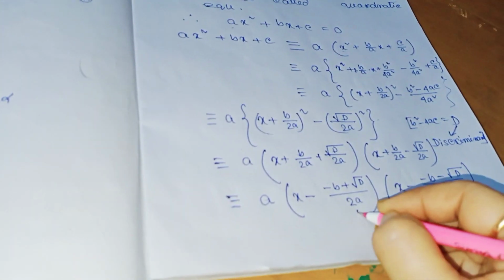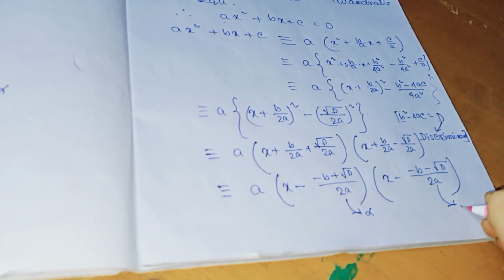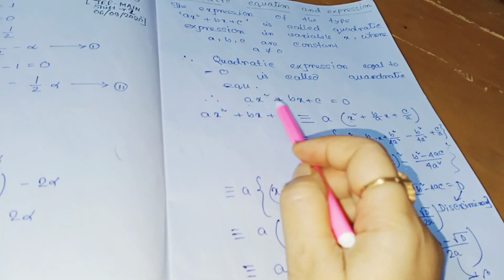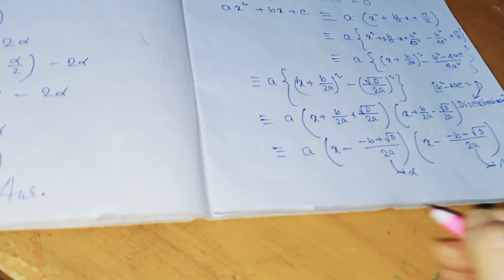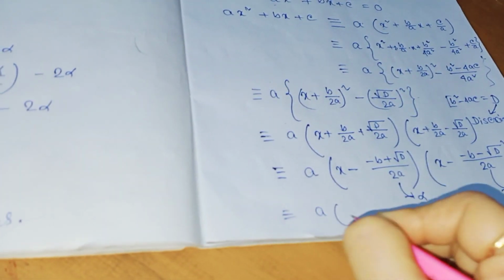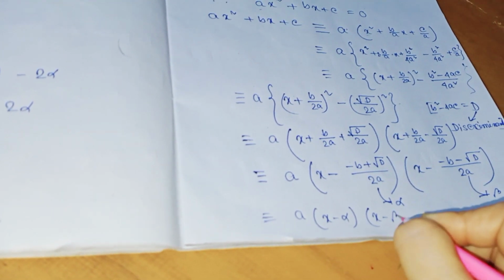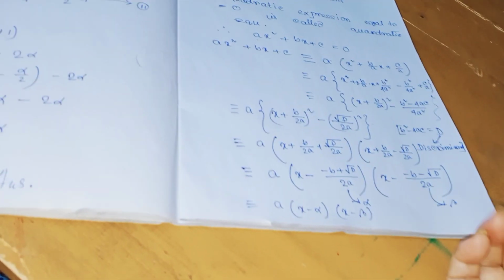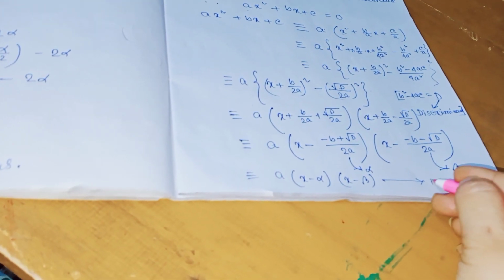So if we call this one alpha and this one beta, alpha and beta are the two roots of this quadratic equation. So here we get a into x minus alpha into x minus beta. So we reached our well-known form, and this is, we may say, equation 1.